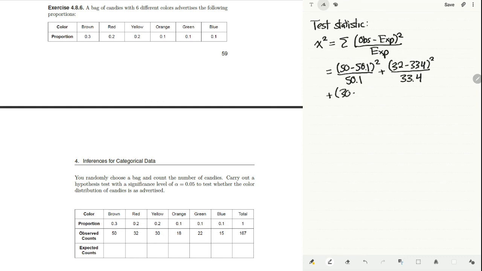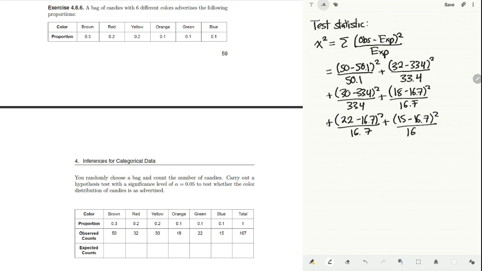So we have 30 minus 33.4 squared over 33.4 plus 18 minus 16.7 squared over 16.7 plus 22 minus 16.7 squared over 16.7 plus 15 minus 16.7 squared over 16.7.